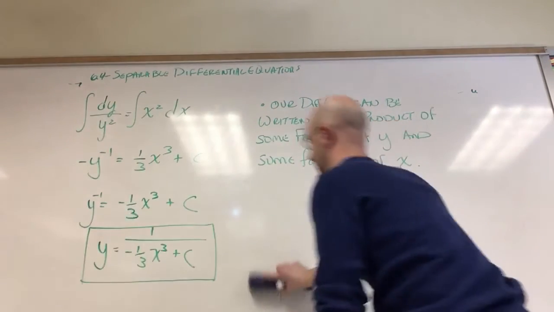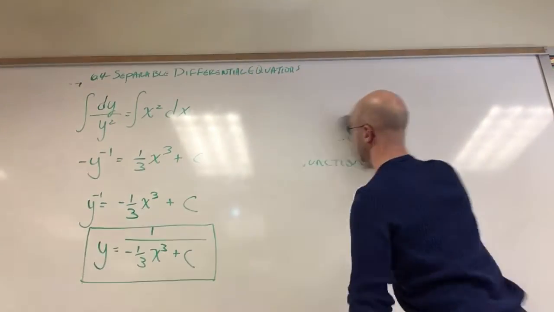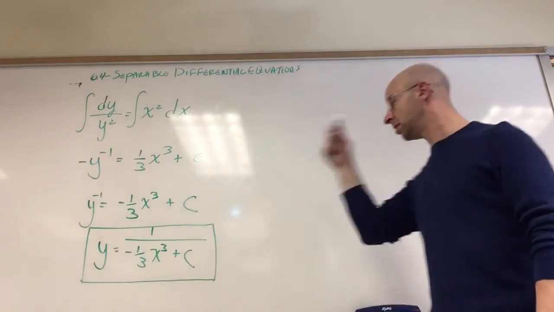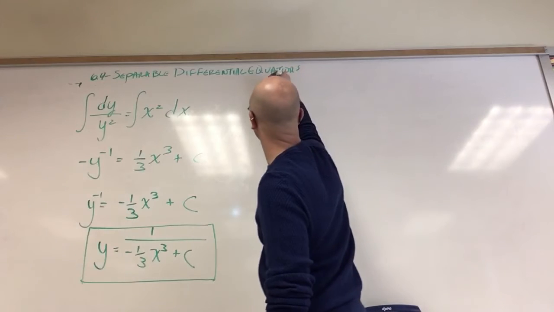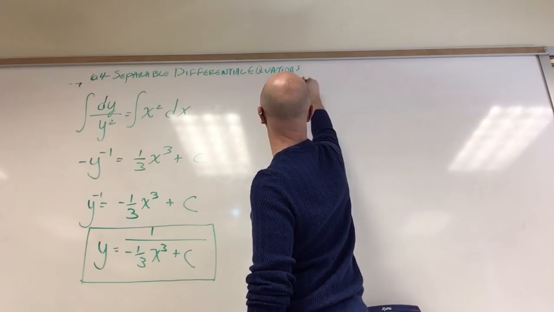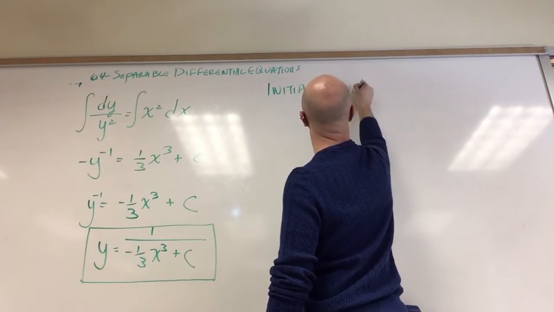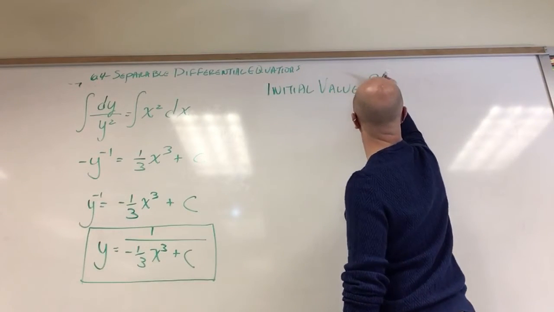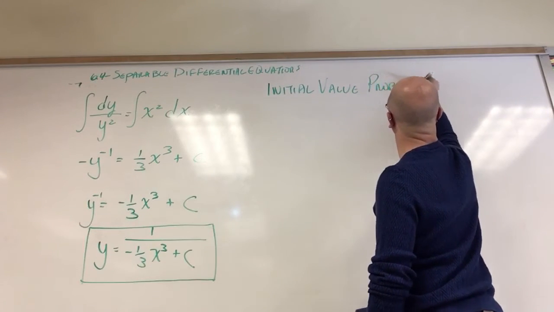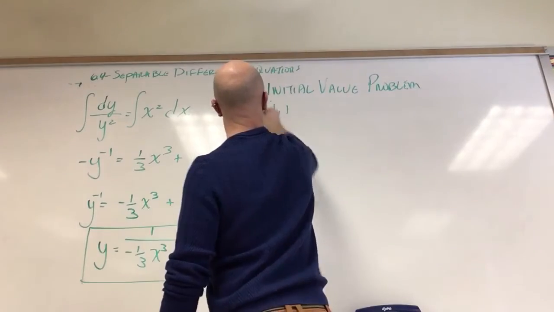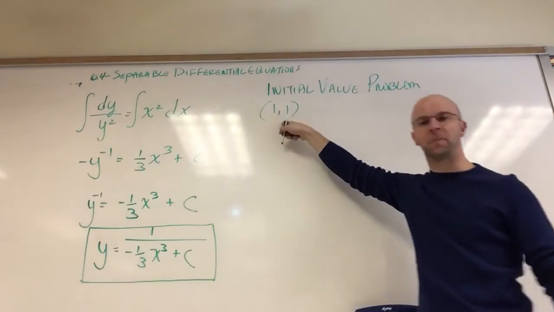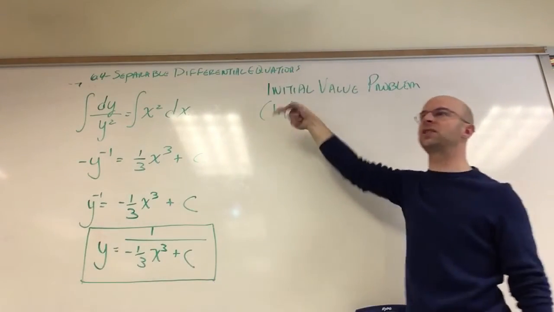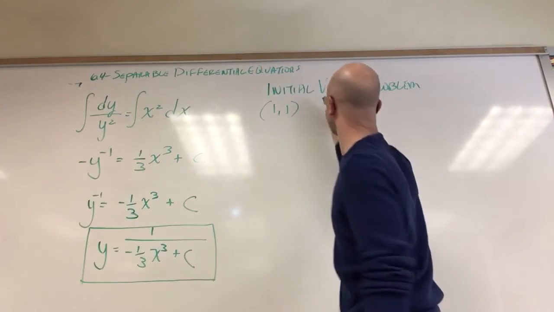So that is our general solution. We want to have an initial value solution. If we also pass through 1, 1, well, we've got an x, we've got a y, we can solve for c.